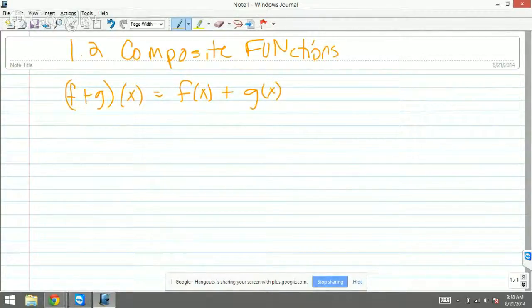Okay, we've done this before. It's just adding. This is the general rule for addition. You take two functions and you add them. Means you can add them separately and you get the same answer. Fortunately, that works for all of them.